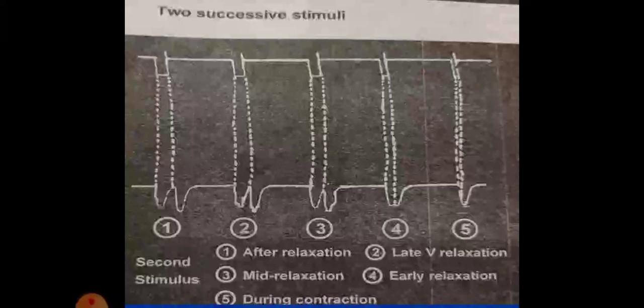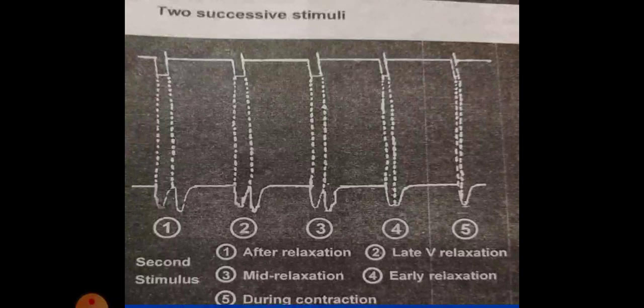So what is important, that after relaxation, that is 1, we give a stimulus and we see a response. In 2, we give a stimulus during late relaxation, again we see a response. In 3, we give a stimulus during mid relaxation, again a response. In 4, we give a stimulus in the early relaxation and we again get a response.